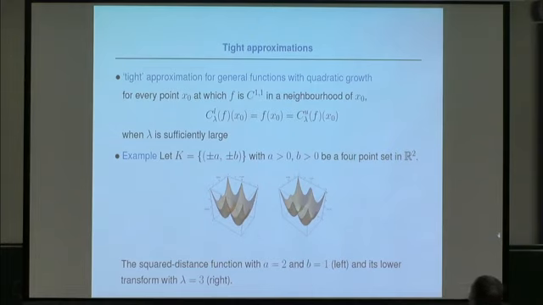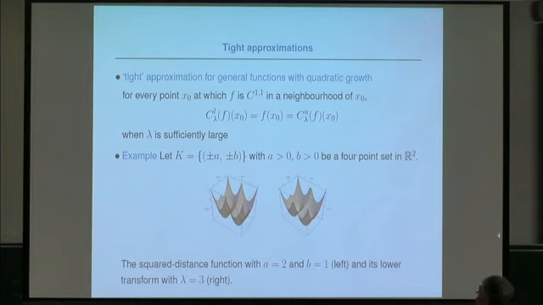So this is tight, which means if you're in a neighborhood of a point where f is C^{1,1}, then for large lambda, the upper and lower transforms agree with the original function. So they attach to the graph.